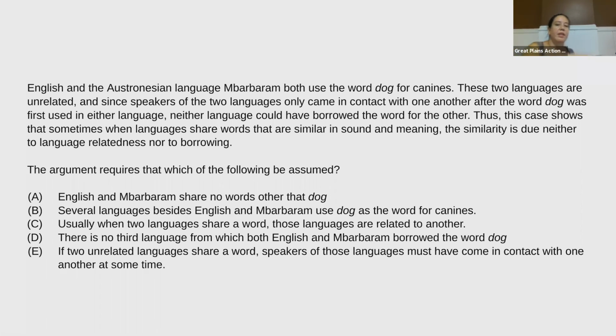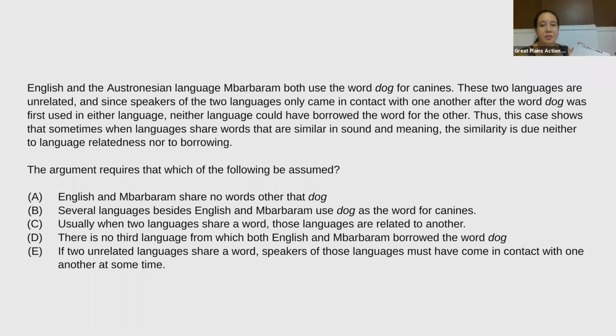All right. Again, if it's asking what needs to be assumed, we're asking what premise is needed. So let's see if we can work translating our argument into notation, or at least making a more abstract version of it.